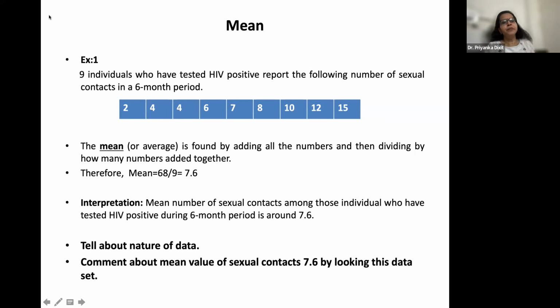I have taken 9 individuals who have tested HIV positive, and I asked how many times they had sexual contact during the last 6 months. First person informed 2 times, another 4 times, 6 times, 7 times. This is the information you can see.